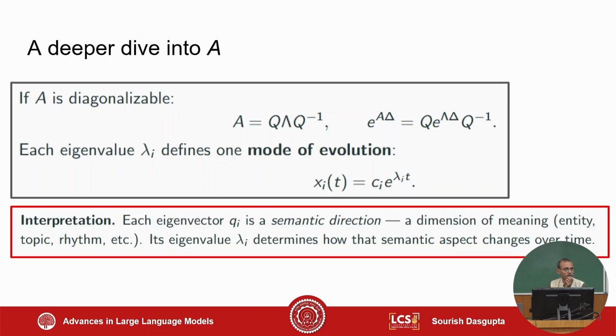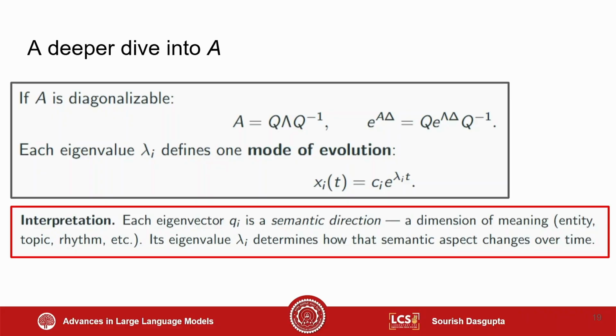In that case, each of the eigenvectors will represent a particular aspect of the meaning, of the semantics, and I'll give you an example. The eigenvalue represents the intensity of that aspect, in the sense of whether that aspect will decay, intensify, or remain as it is.